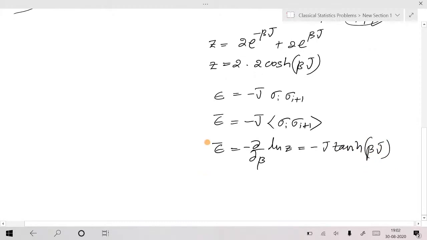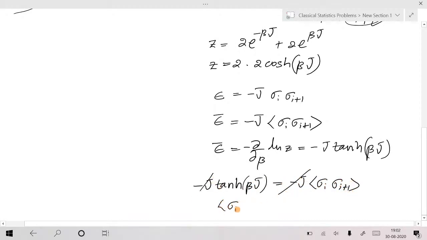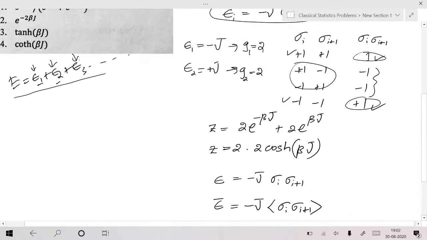Is that okay? Just check it out. So that is equal to minus J into the average of sigma I plus 1. I can cancel it, so that the average of sigma I plus 1 is equal to tanh(beta J). Any question here? I hope you got the idea.